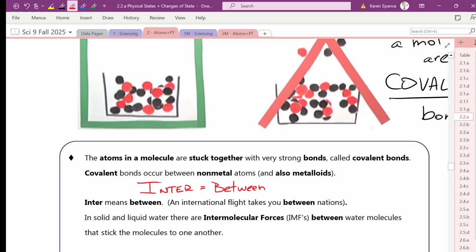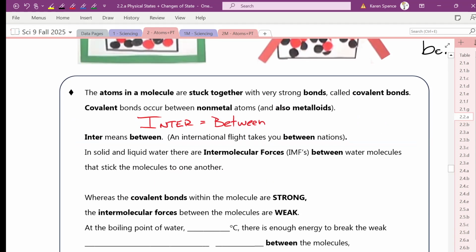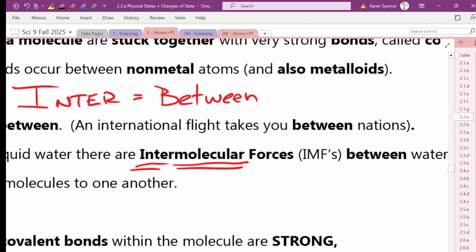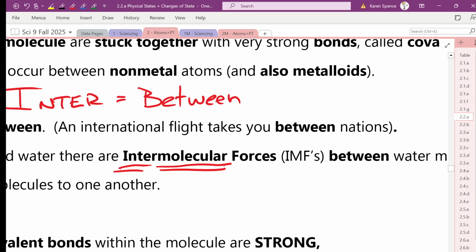If you take an international flight, it takes you between nations. In between the water molecules, we have intermolecular forces. What do you think intermolecular forces are between? They're between molecules. Intermolecular forces are forces. Whoops, I spelled force with a P. What is wrong with me?